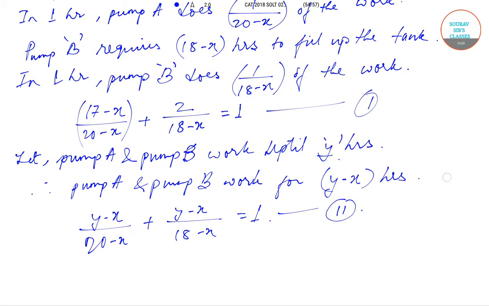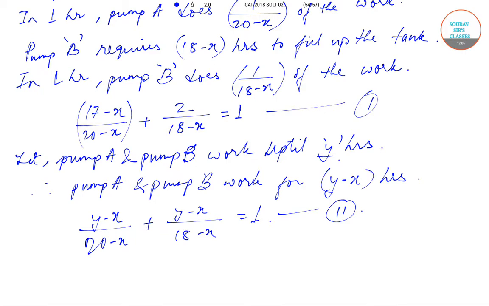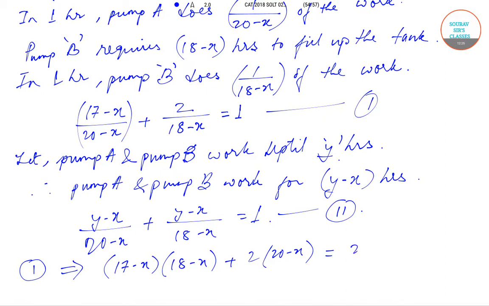Now if we start working with equation 1, if we try to solve it, this gives us (17 minus x) into (18 minus x) plus 2 into (20 minus x) is equal to (20 minus x) into (18 minus x).